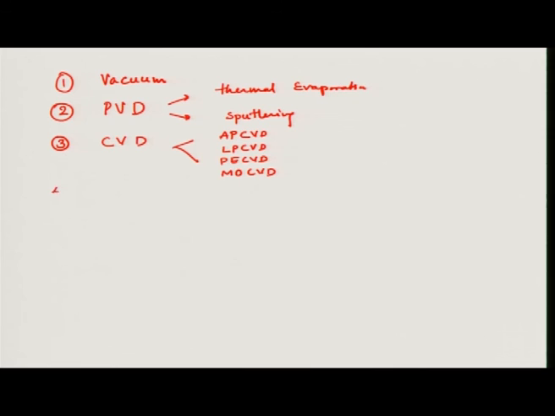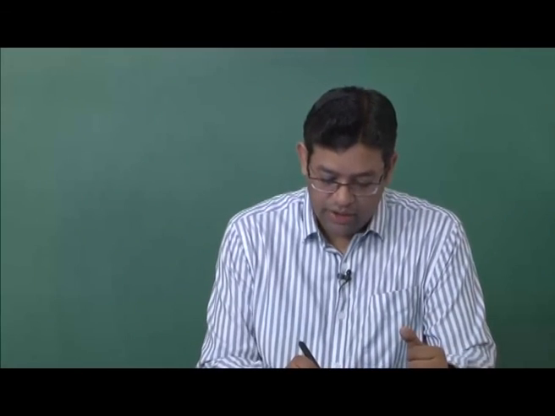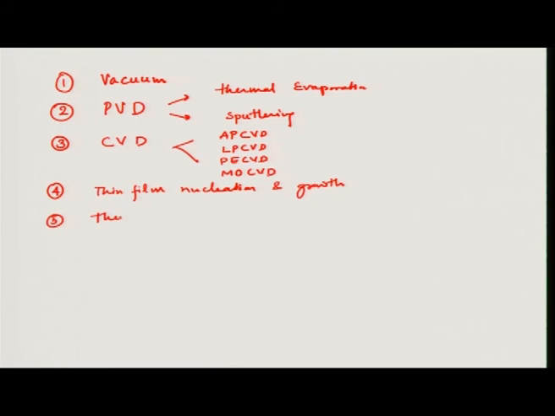We also discussed thin film nucleation and growth, different models and different parameters which determine how your thin film will nucleate on the surface and grow, what would be the morphology and how you control these, and we also discussed some thin film characterization techniques.